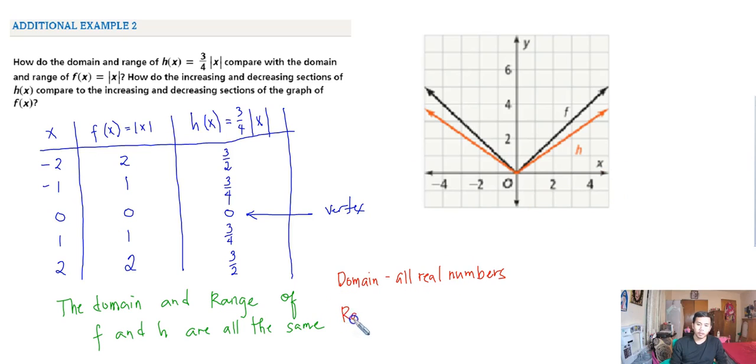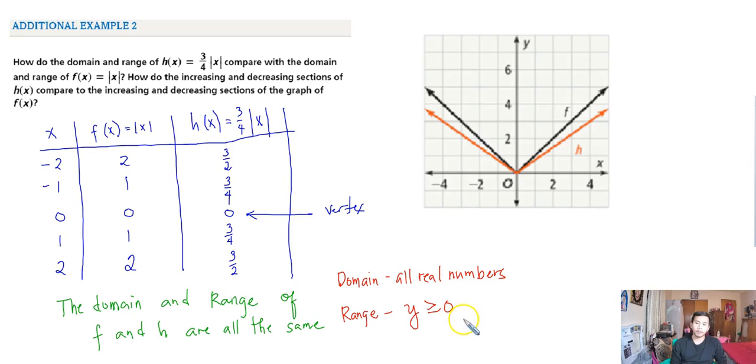While your range is, again, there is no negative value there, so your range is y is greater than or equal to 0. That will be the domain and the range. It is because the absolute value expression produces only non-negative values. The range of f of x equals the absolute value of x is y is greater than or equal to 0.